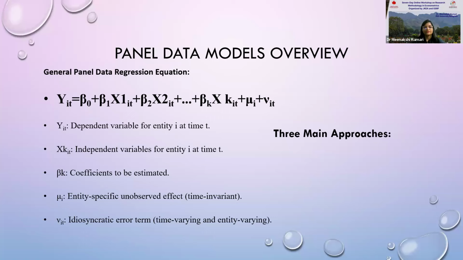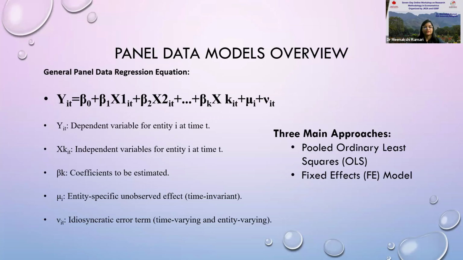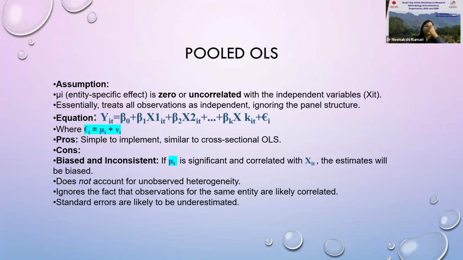So there are three approaches for panel data models. One is pooled ordinary least squares, which we call POLS. Second is the fixed effect model, and third is the random effect model. We will be discussing all these three models. When we are dealing with pooled OLS, we have some assumptions. One is that mu i, the entity-specific effect, is zero or uncorrelated, meaning that mu i is not correlated with your independent variables.